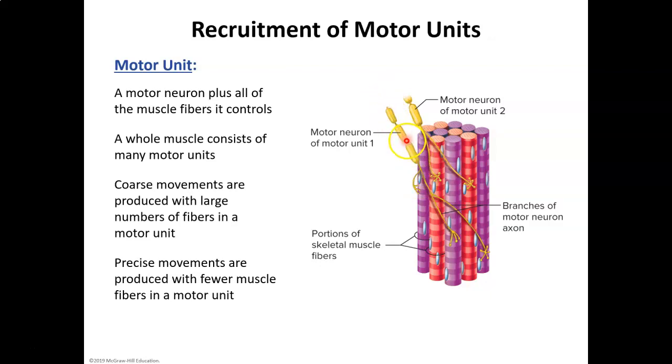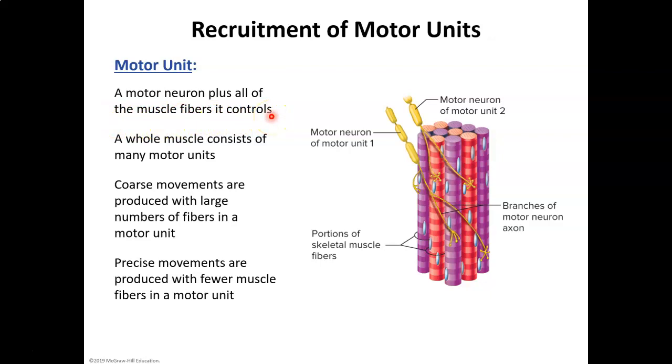As this one motor neuron sends a signal to all of the muscle fibers that it is innervating, all of them will contract. So one motor neuron plus all of the muscle fibers it controls.